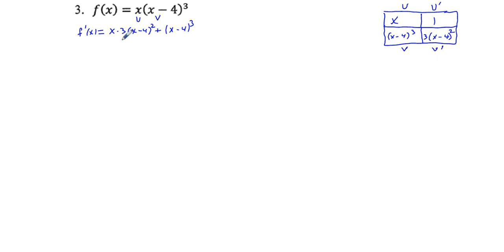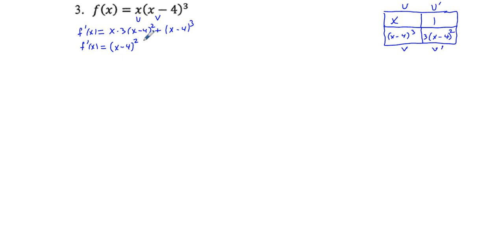Now we're going to continue f prime of x and just sort of simplify things. We look for common factors on either side of this plus sign, and we see that quantity x minus 4 squared is a common factor between these two entities.